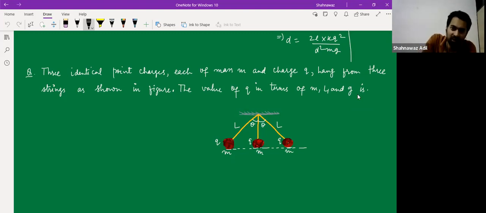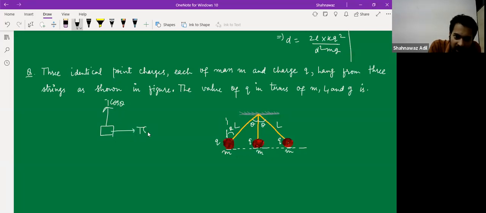So now you guys tell me this tension part would be the same, right? So this is theta, so T cos theta, and this is T sine theta. Again, this mg part is here.